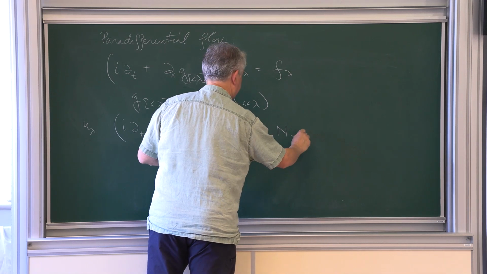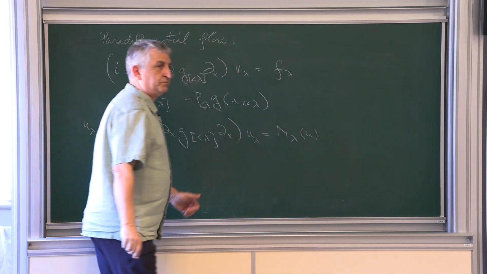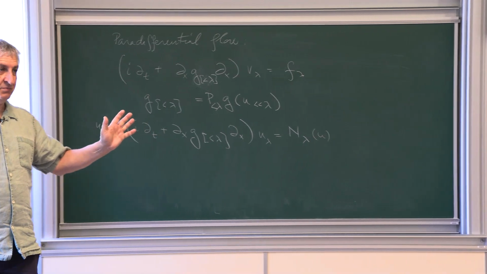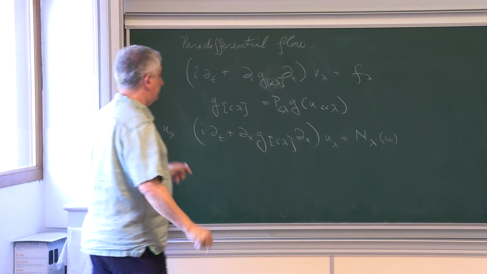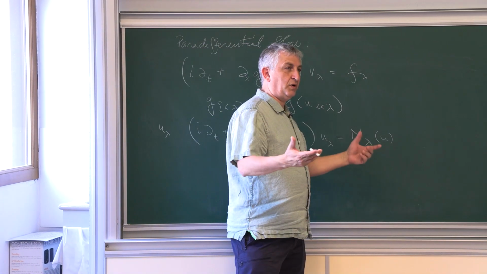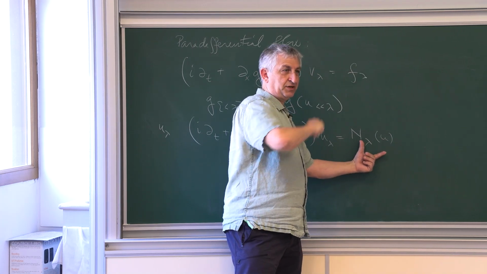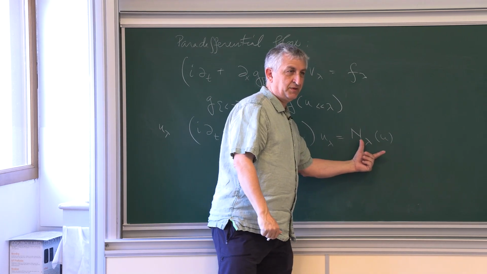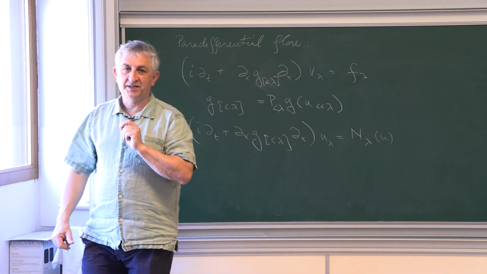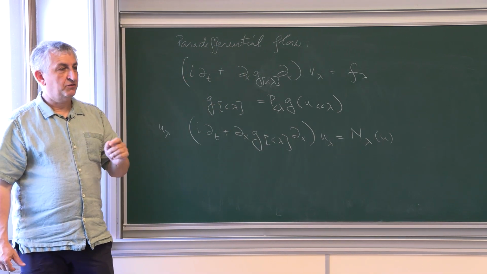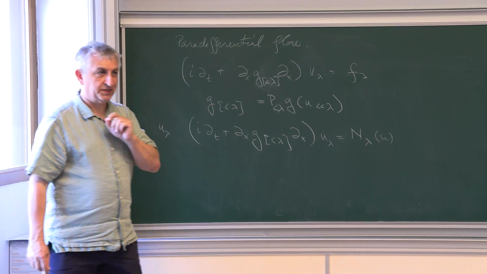I'm going to call this n lambda of u. All right, very simple, very clean. And then in a perfect world, you might think, oh, this guy should be, in the big Bootstrap scheme, perturbative. And that is indeed the case, will indeed be the case for the local well-posedness.